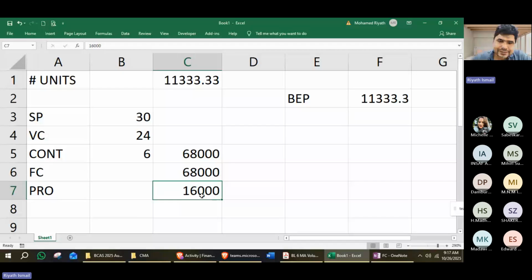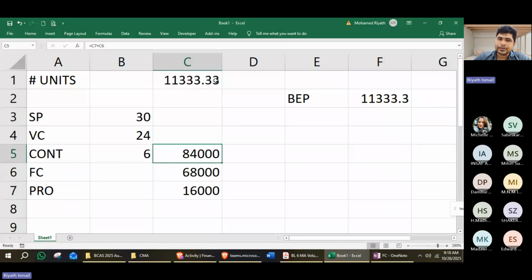So we have to make 16 million profit, right? Fixed cost has no changes. So to get the contribution, we take the fixed cost, which they have to cover, plus the profit: 84 million to make a profit of 16 million. To make 84 million contribution, how many units do they have to sell?